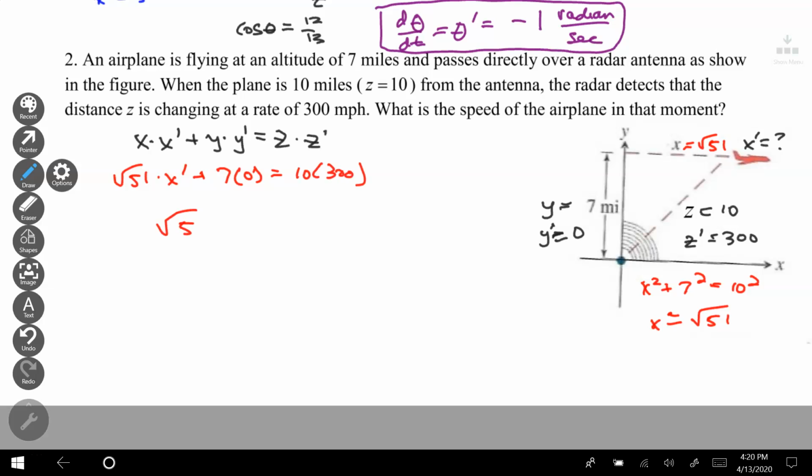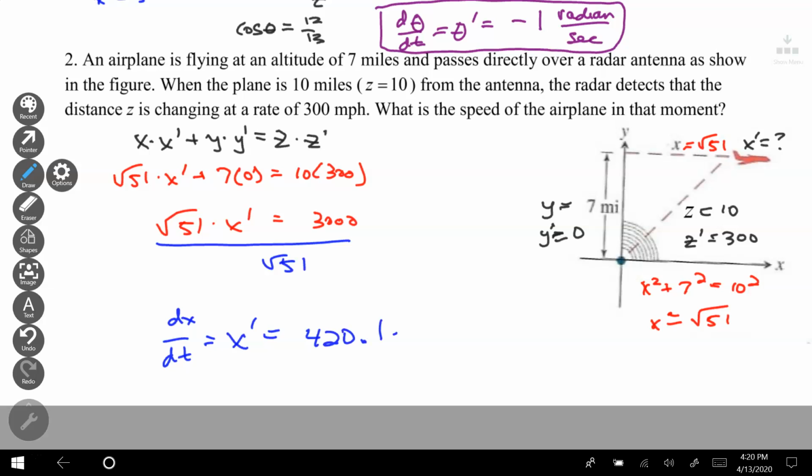I have the square root of 51 times x prime is equal to 3,000. I'm going to divide out by the square root of 51. And how fast is the airplane going? About 420 miles per hour.